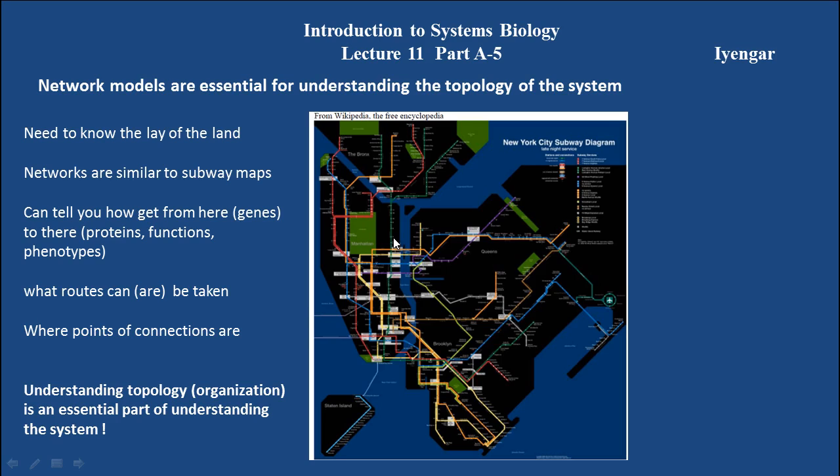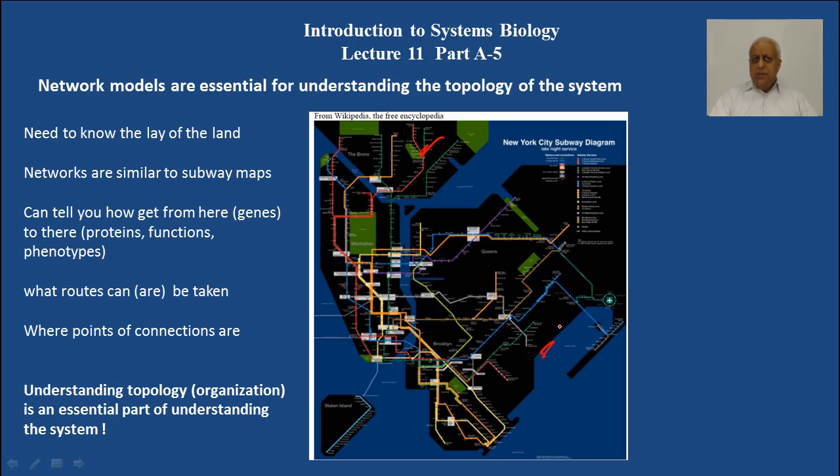I have taken here a network diagram of the subway system of New York City to tell you that if you want to get from, say, Bronx, which is up here, to Brooklyn, that's down here, you need to know how the subway systems run through Manhattan to get from one borough to the other.